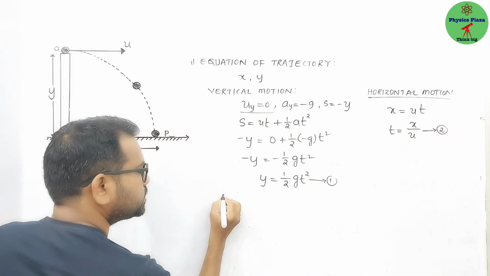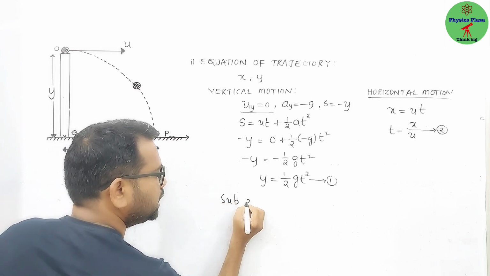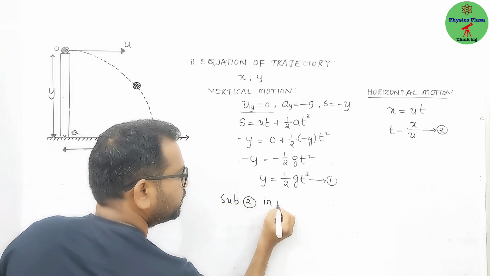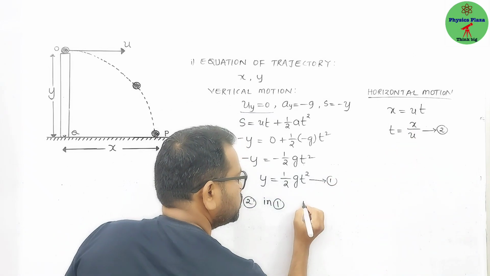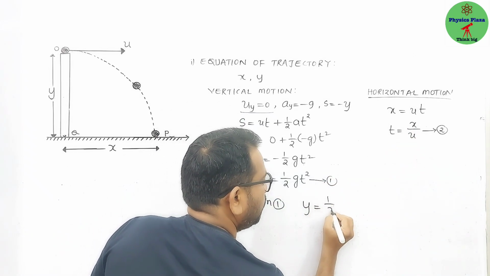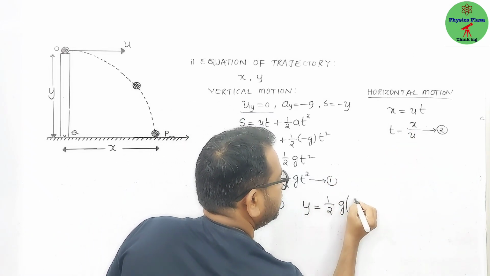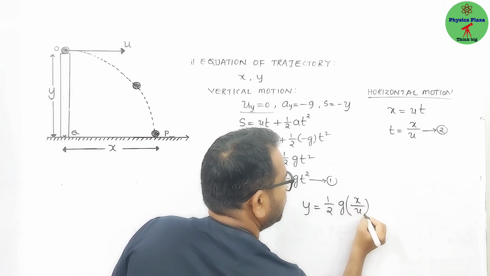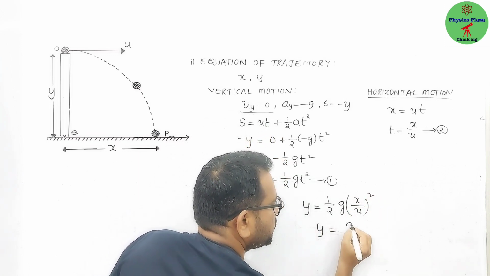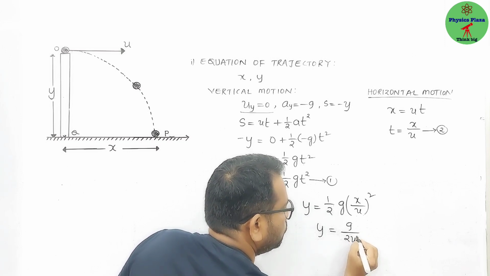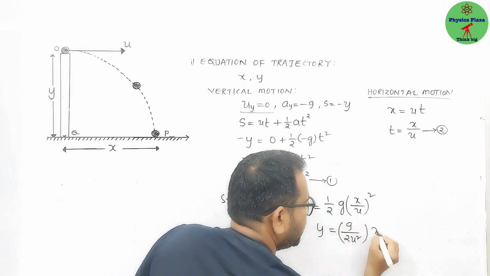Now substitute equation 2 in equation 1. In place of t, substitute x by u. So we get y is equal to half g into x by u, the whole square. This gives y is equal to g by 2u square into x square.